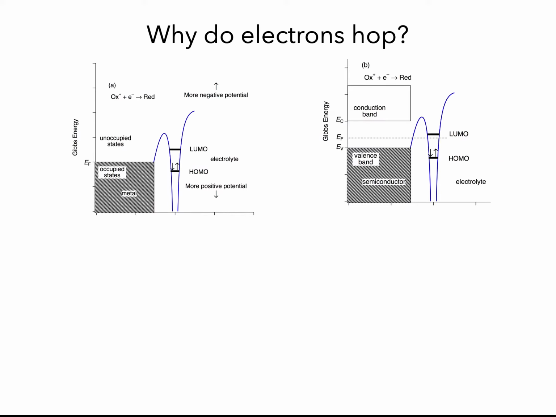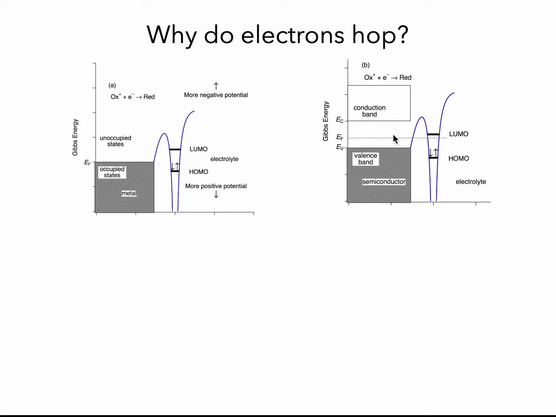Now let's consider the band structure of our electrode. We could have either a metal or a semiconductor. Electron transfer with a metal happens primarily at the Fermi energy. That's the highest chemical potential of electrons in the metal. Electron transfer in a semiconductor is more complex.